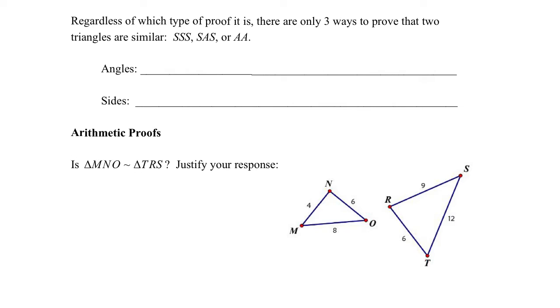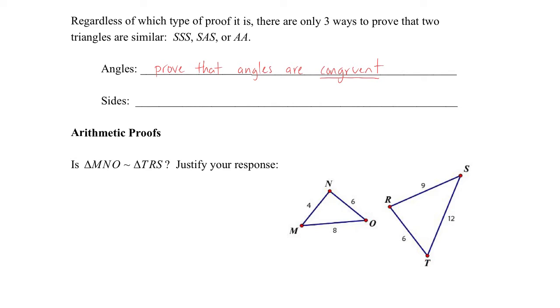Now, when we say side, side, side, or side, angle, side, when we're talking about angles, we're going to do what you normally do, which is you want to prove that the angles are congruent. So you'll either be given that information or you'll have to prove it somehow.